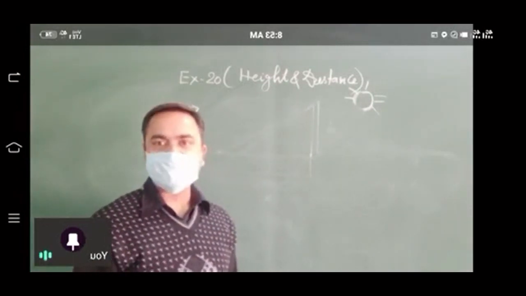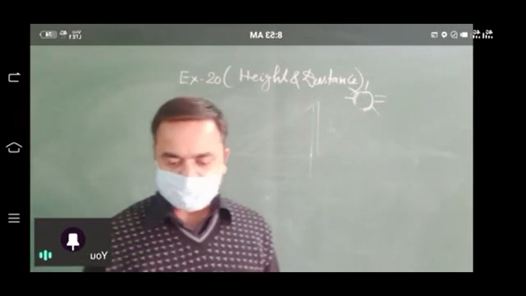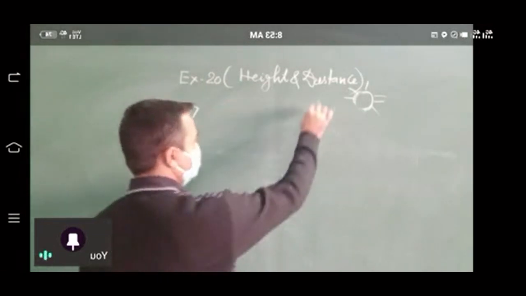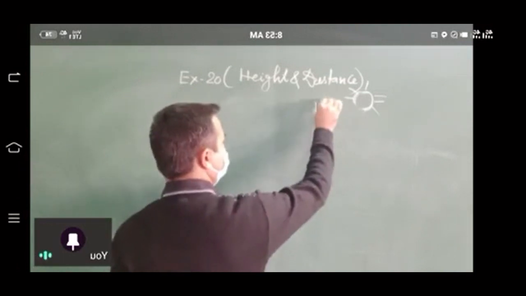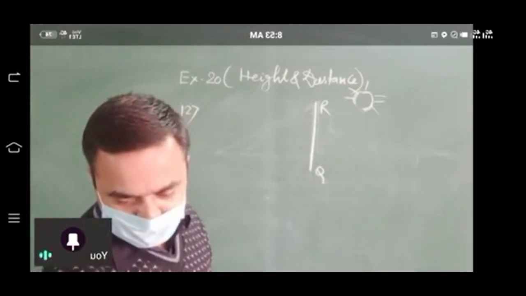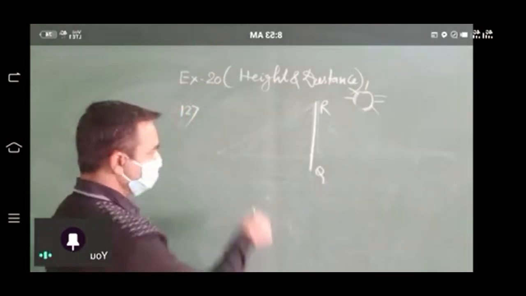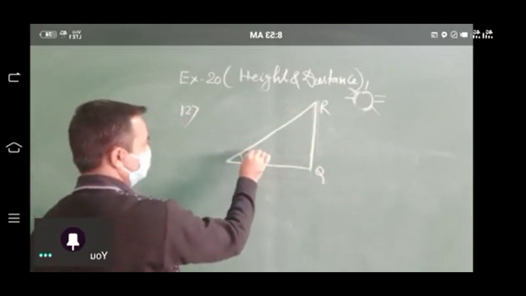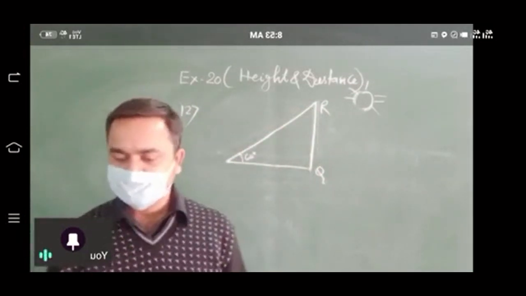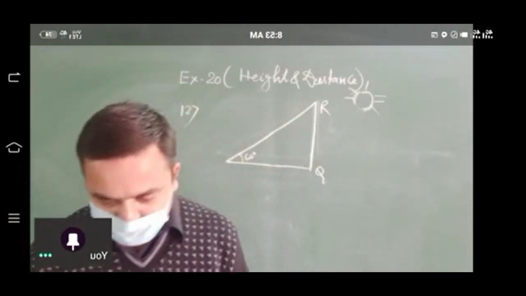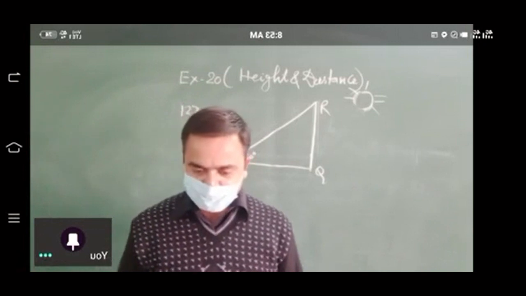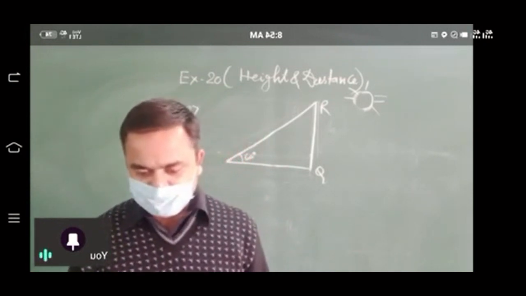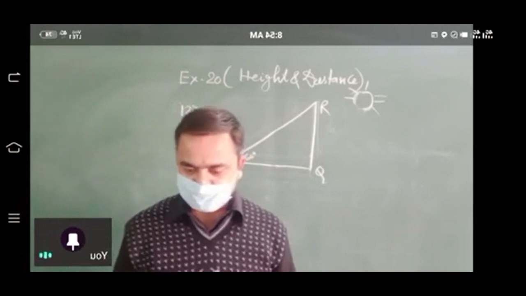See question number 12. In the given figure, the angle of elevation from a point P of the top of a tower QR, 50 meter high, is 60 degree.